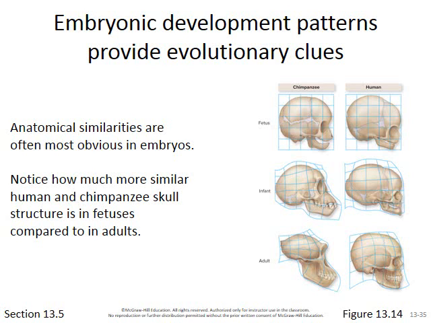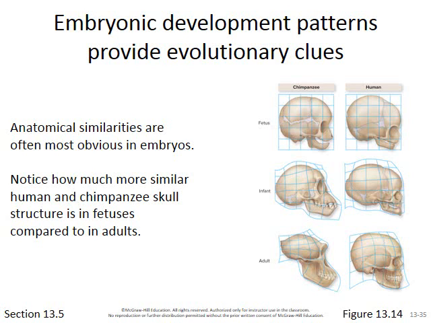And so a lot of the times when you look at two organisms forming from their embryo, they can have lots of similarities, a lot more similarities as the embryo than later as they're born and then become an adult. So anatomical similarities are often most obvious in embryos.